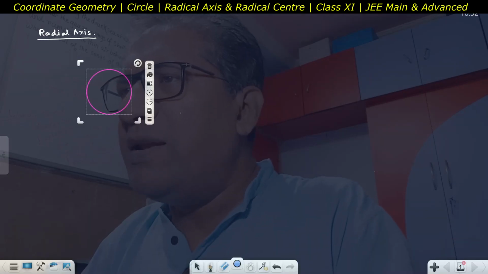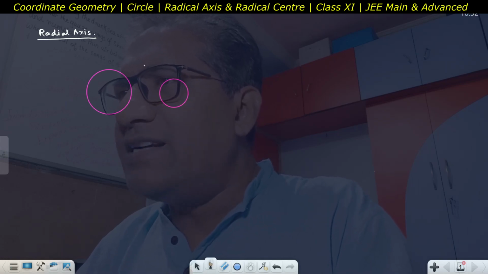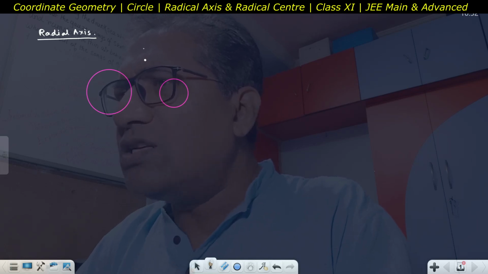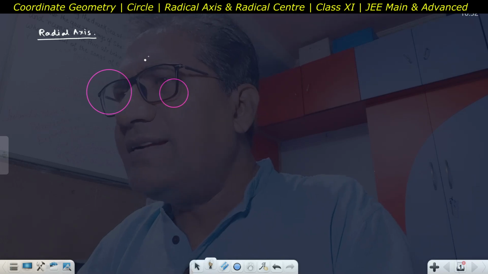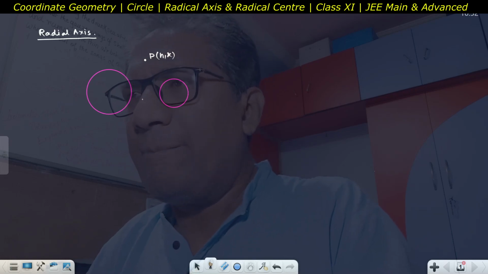Let us say we have been given two circles like this, and there is a point somewhere here. Now we have to find out the locus of this point. Let us say this point be P and any point on the locus be (h, k).